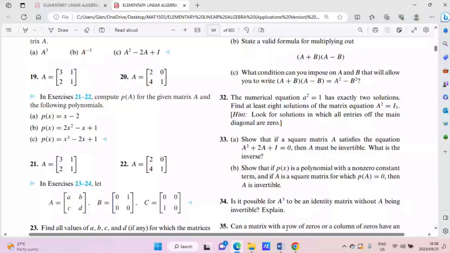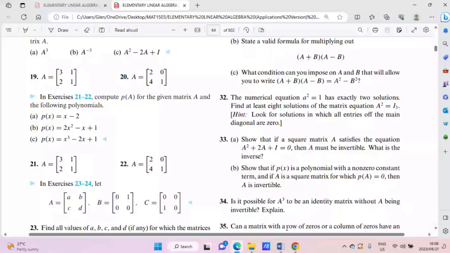Then for the constant, since it's a constant, we're going to multiply it with the identity matrix, which is 1, 0, 0, 1.